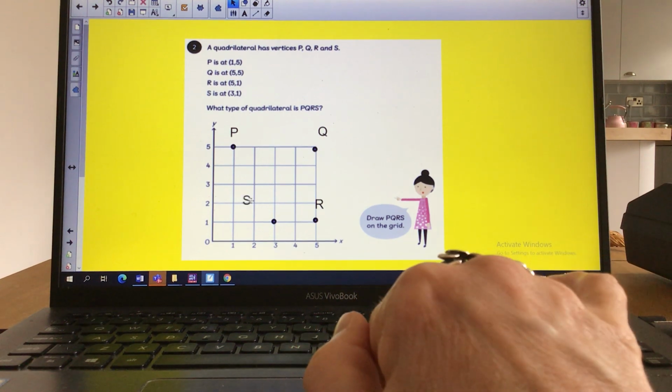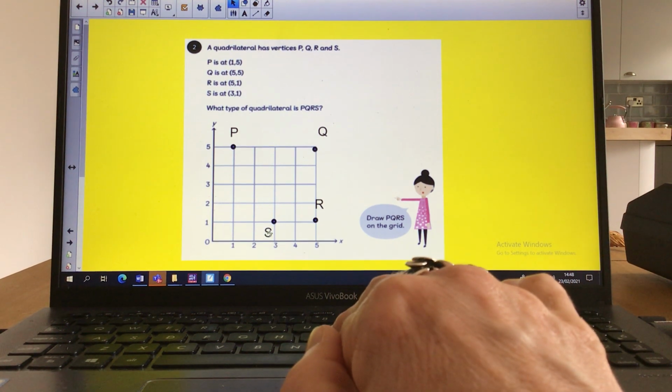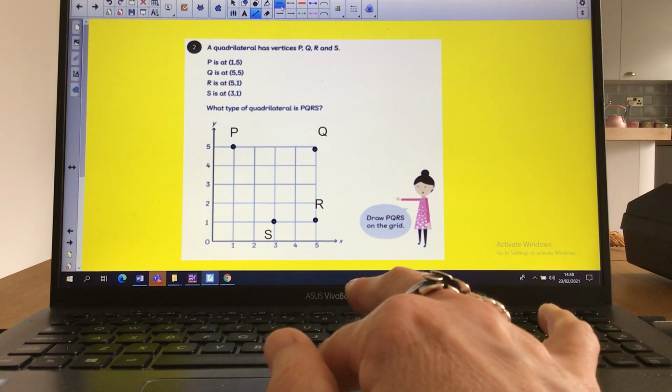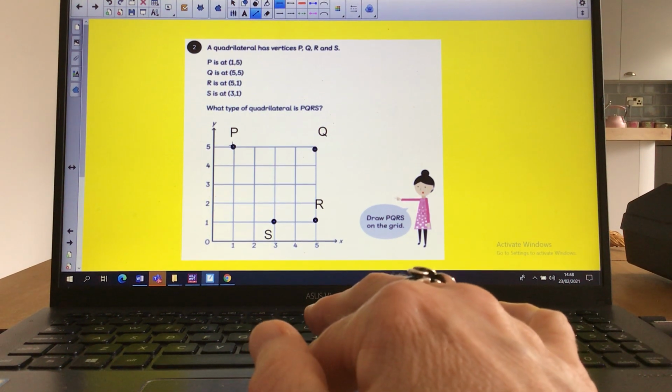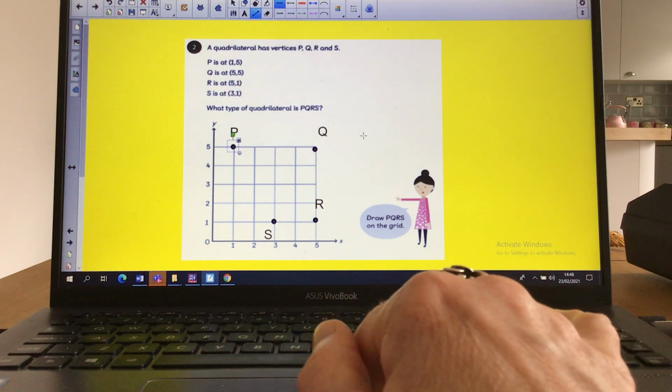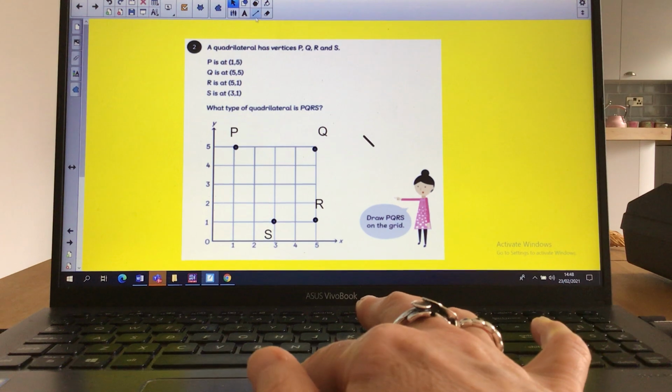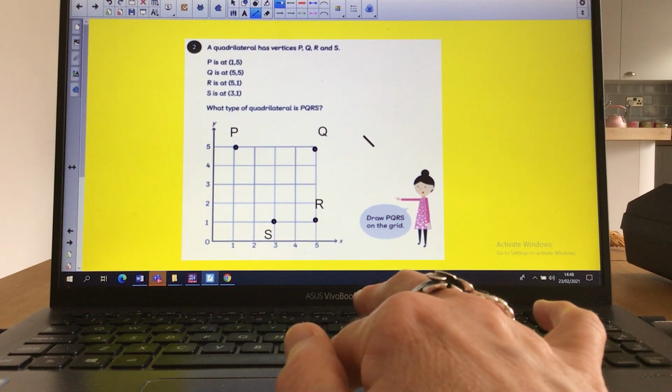Now, I'm hoping that my joining up tool is going to work. It's not as easy without the interactive whiteboard and just with my mouse, but we'll see. Okay, let's join this up. We'll try again.